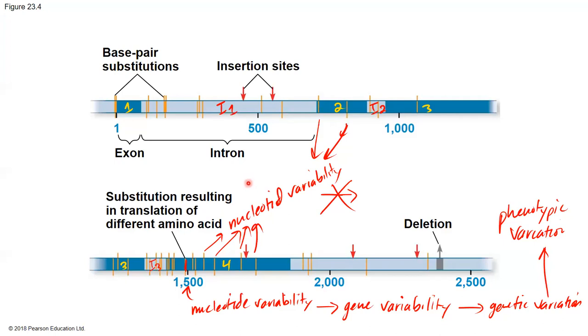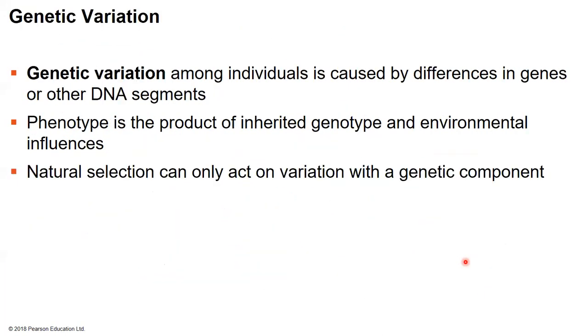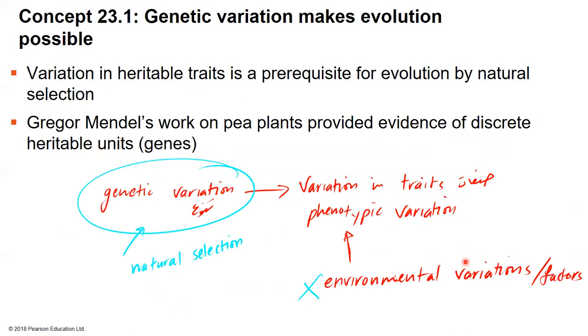Okay, so before we discuss the sources of genetic variation, let me again point out that phenotypic variation among individuals in a population is the result of genetic variation, but it's also a result of environmental factors or environmental variation.